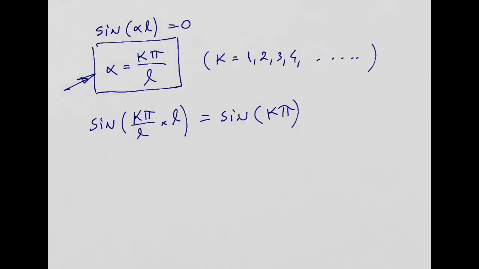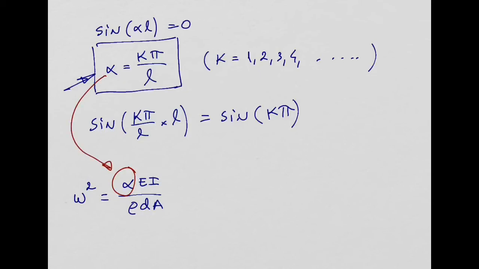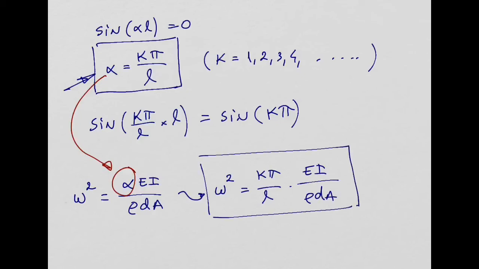If I put it here, I can replace now alpha in this equation by this alpha, and then you will get the square of your natural frequency equal to k pi over L times EI over rho dA. So now you can get your natural frequencies.